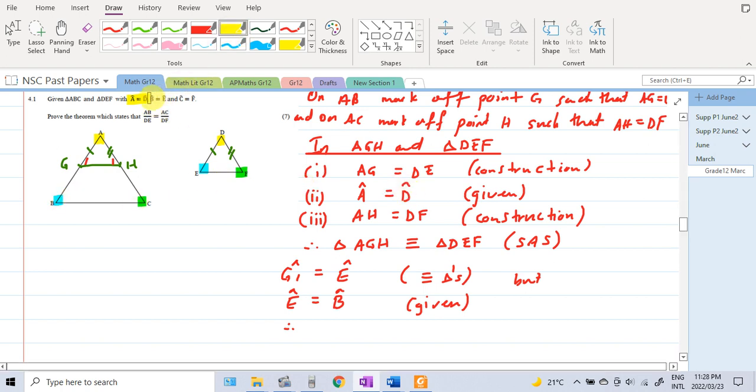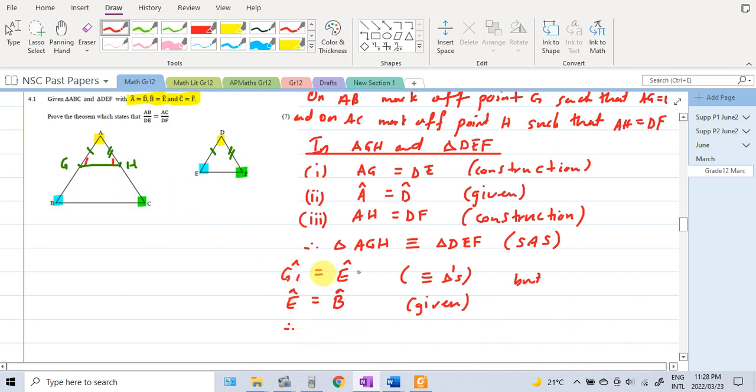Remember these three things that are given, where I have highlighted those angles that were given. Angle D and angle A are given. Angle E is equal to angle B, they are given, and angle F is equal to angle C, which is also given, right?